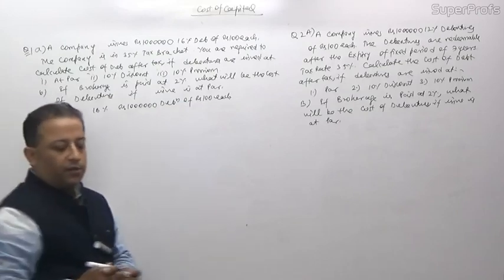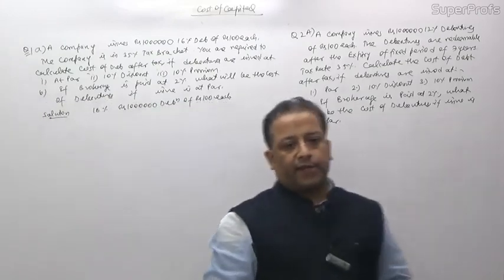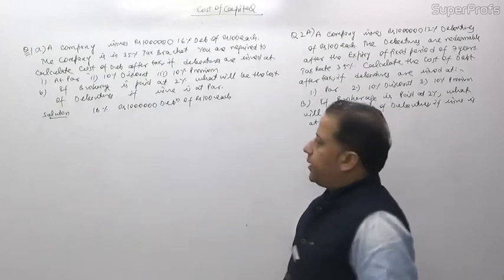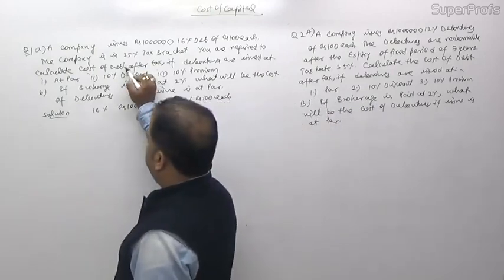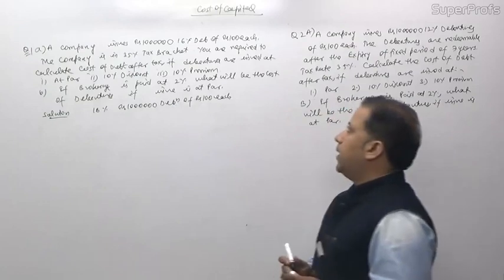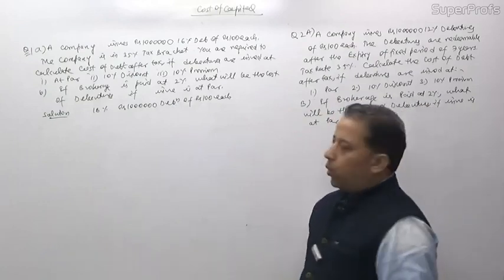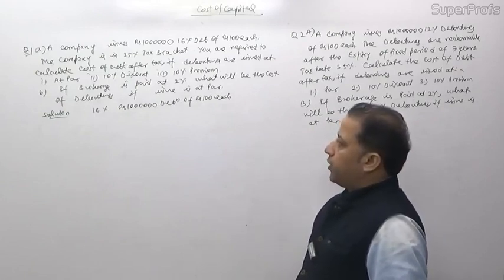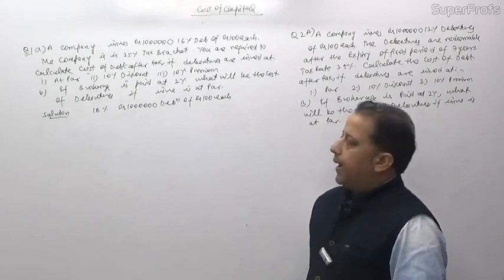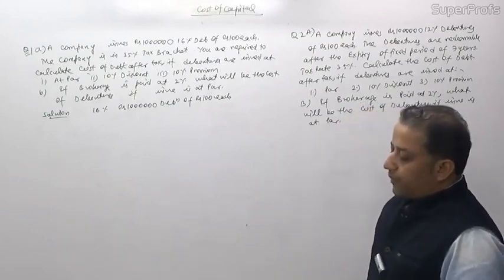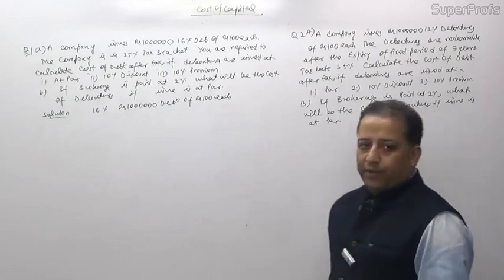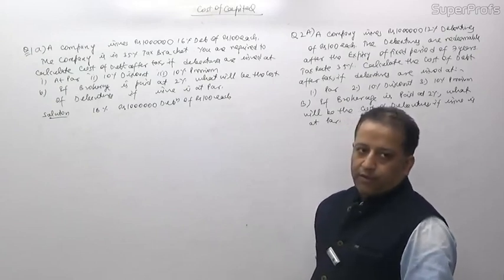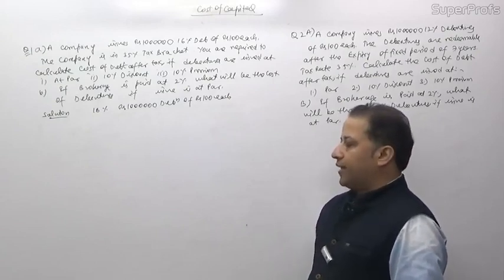You are required to calculate the cost of debenture, meaning cost of debt after tax, if debentures are issued at number one, par; number two, 10% discount; number three, 10% premium. In the second part, if brokerage is paid at 10%, what will be the cost of debentures if the issue is at par?